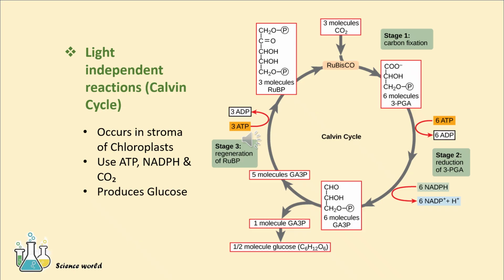This process of the light independent reaction, or the Calvin cycle, occurs in the stroma of the chloroplast. And for this process, as you can see, carbon dioxide, ATPs and NADPH are used, and glucose is produced in this Calvin cycle.